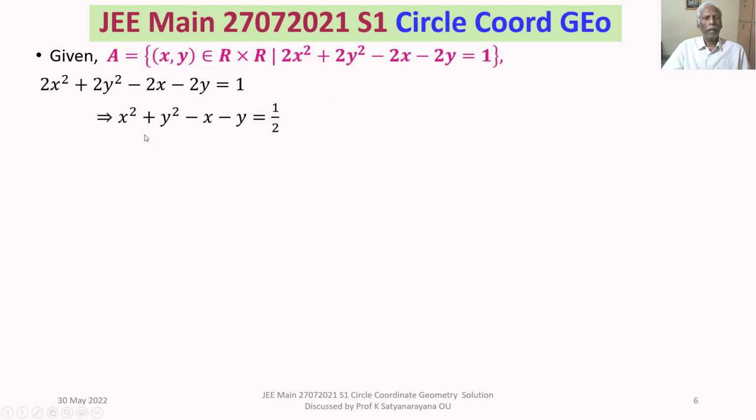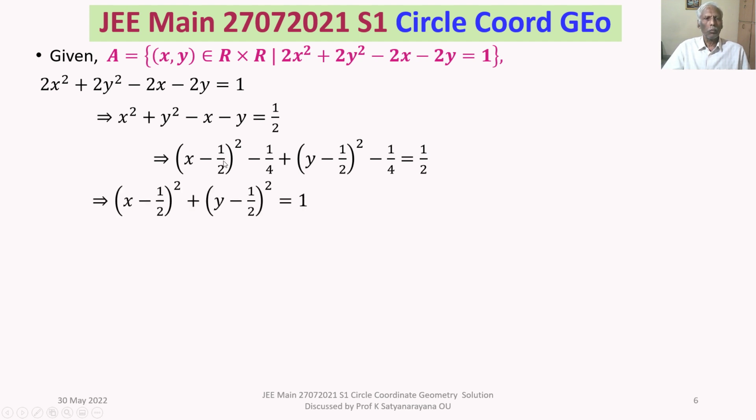We get this, and making perfect squares and balancing the terms, we get (x − 1/2)² − 1/4 + (y − 1/2)² − 1/4 = 1/2, and this will imply (x − 1/2)² + (y − 1/2)² = 1/2 + 1/4 + 1/4, that is 1.